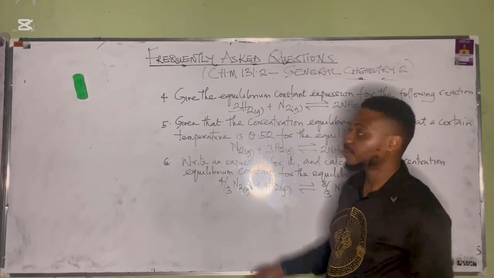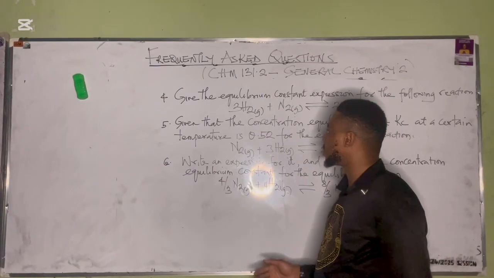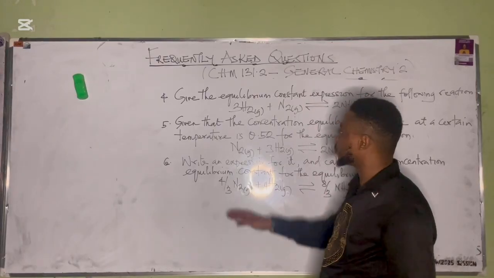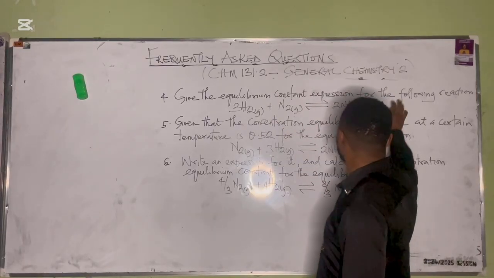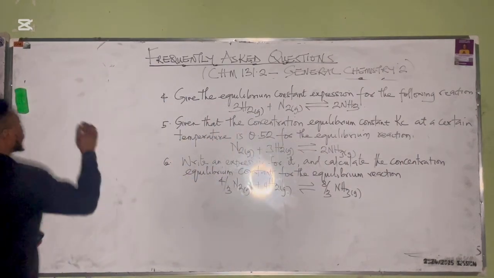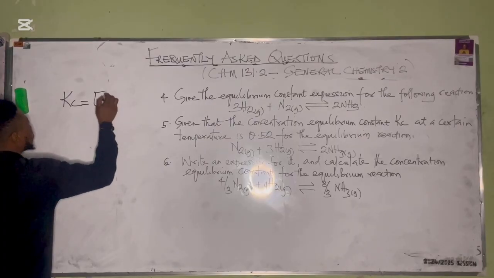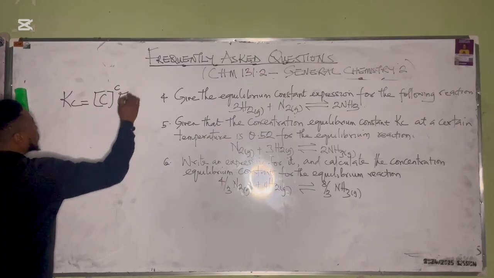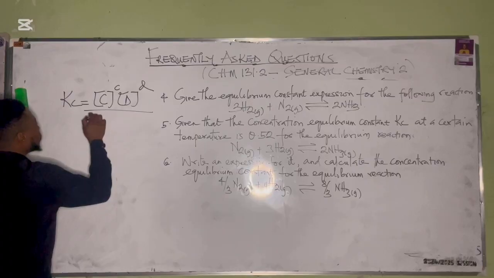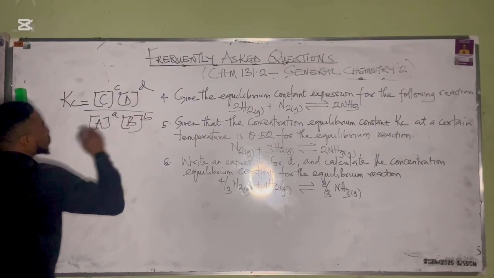So we have questions here. Chemical equilibrium has to do with what we call equilibrium constant. So these questions give the equilibrium constant expression for the following reaction. Now, normally, chemical equilibrium has Kc, and Kc normally is equal to [C]^c[D]^d over [A]^a[B]^b. These are concentrations. Anything in square bracket is a concentration.